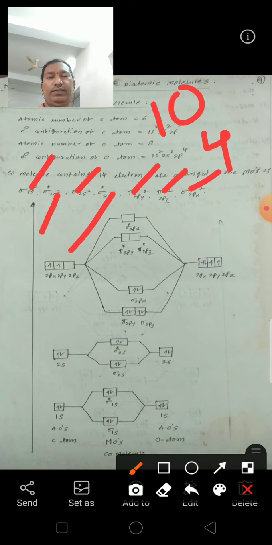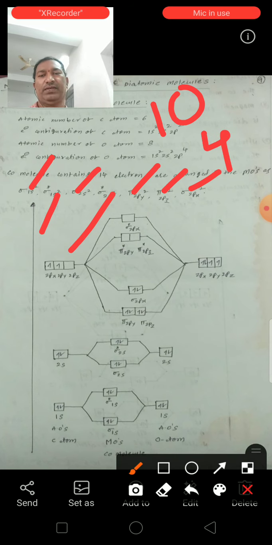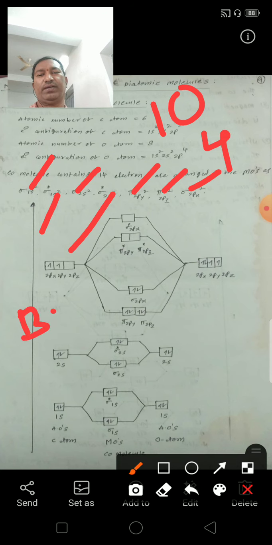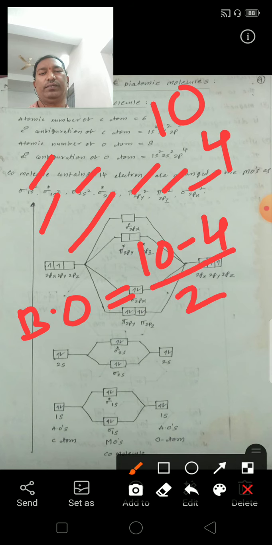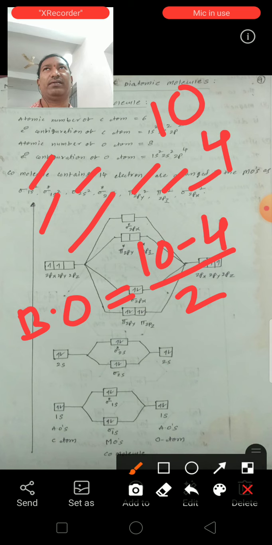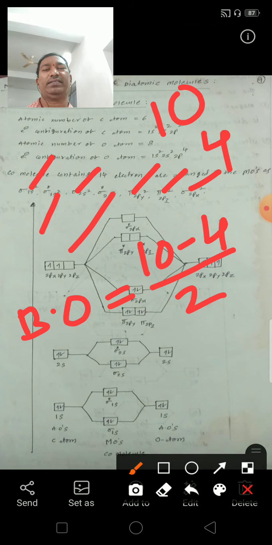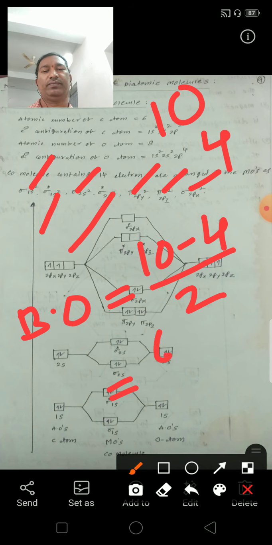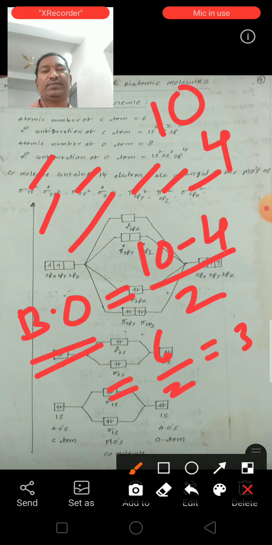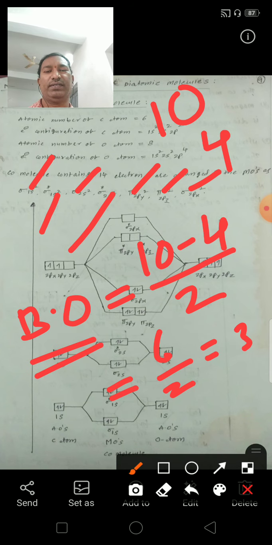So the bond order of this molecule is (10 minus 4) by 2. That is, Nb minus Na by 2, where Nb is the number of electrons in bonding molecular orbitals and Na is the number of electrons in antibonding molecular orbitals. So 6 by 2 is equal to 3. The bond order of the carbon monoxide molecule is 3.